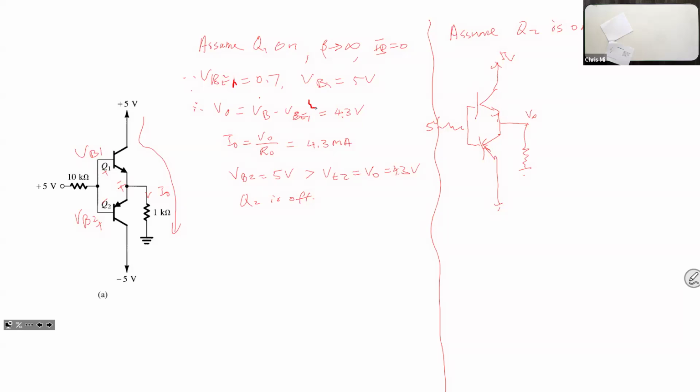VEB2 will now become 0.7 volts, because Q2 is a PNP.